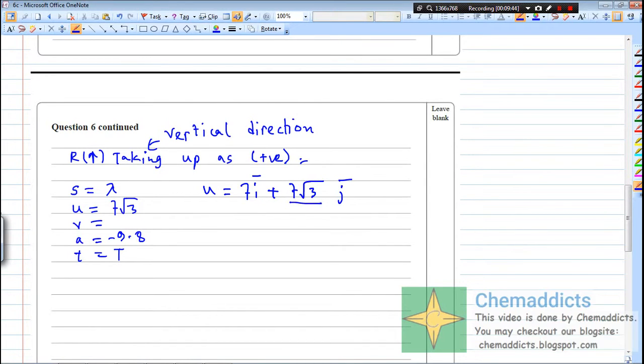So we have taken the vertical component of this initial velocity, since we are dealing with the vertical direction. The position vector is 2 lambda i plus lambda j.